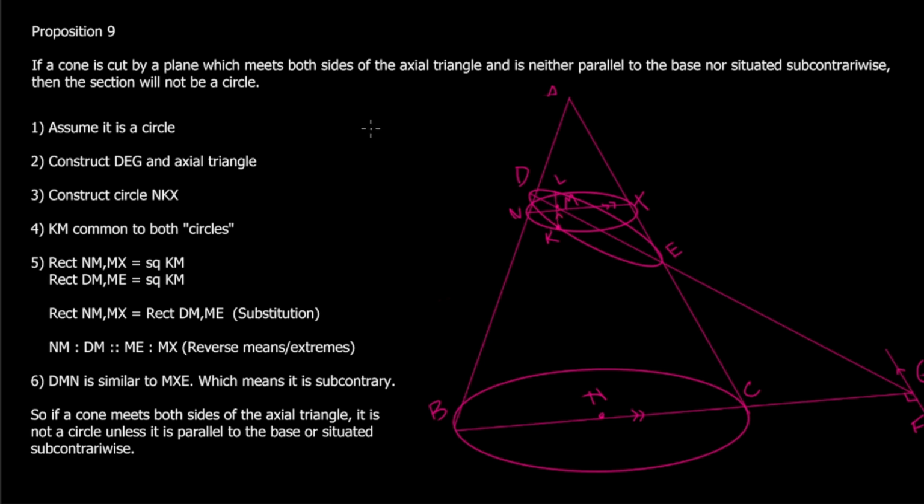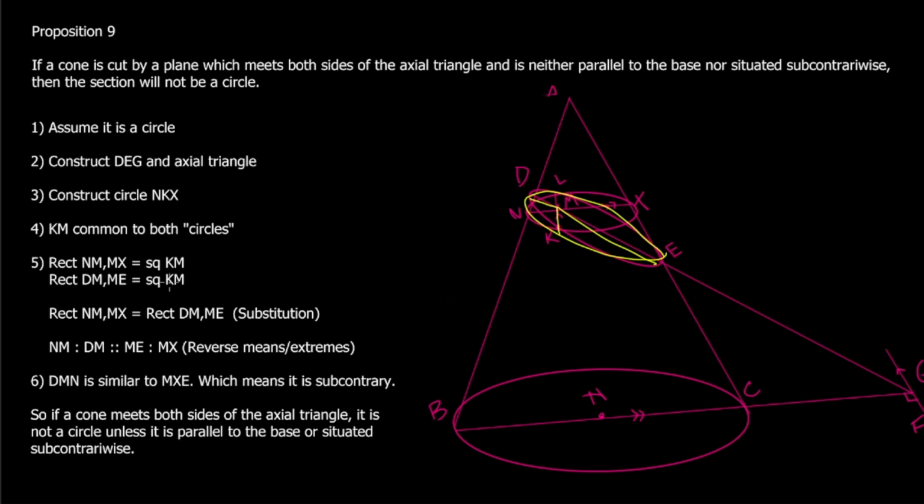So if we were to write that out, let's pick a different color. We would get that on this circle, the rectangle DM by ME is equal to the square on KM.